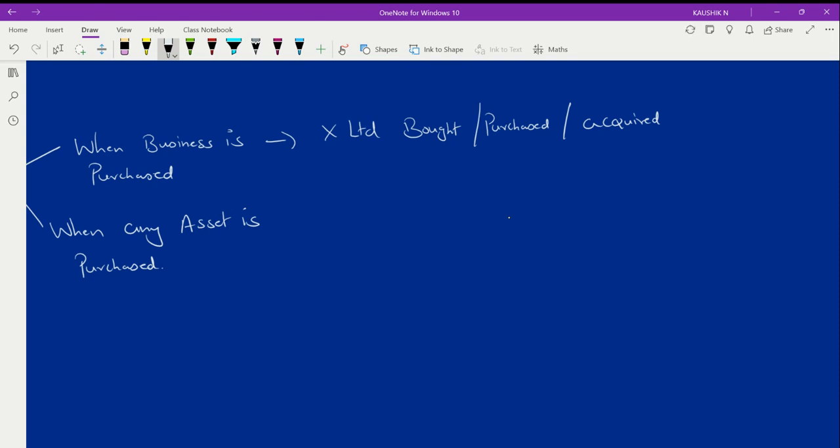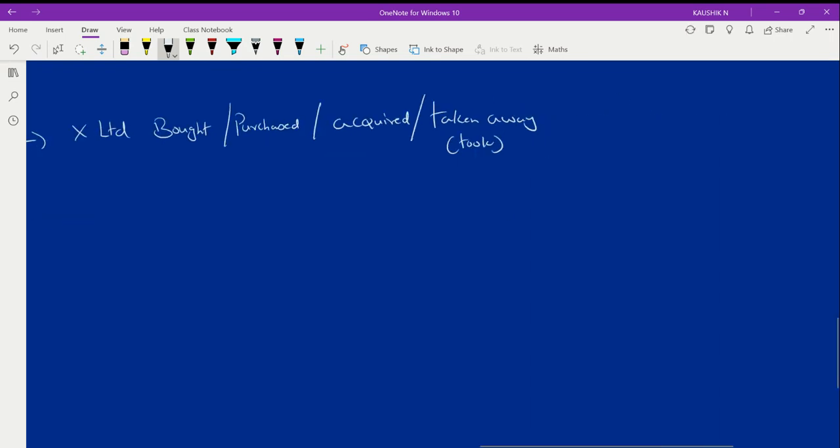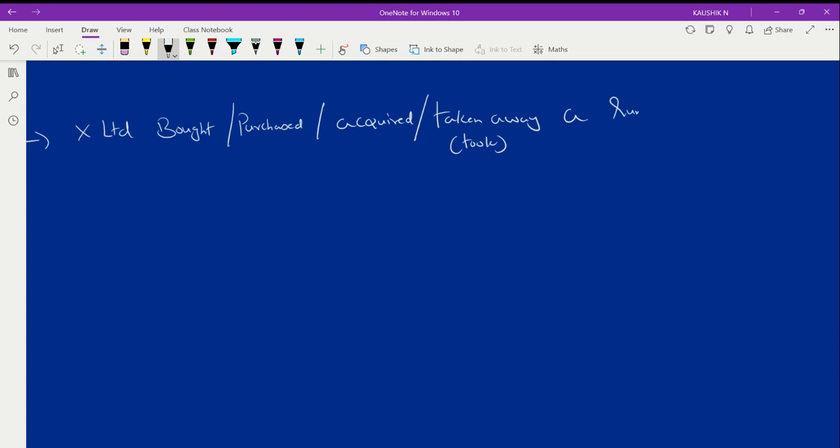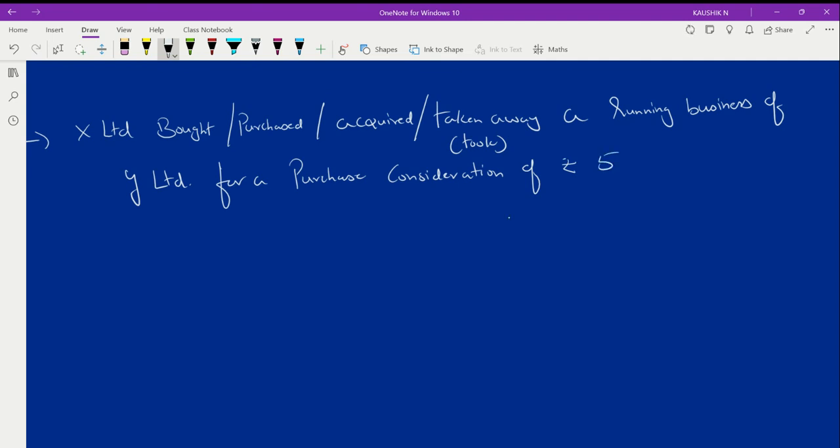So X Limited bought or purchased or acquired or took a running business of Y Limited for a purchase consideration of some value, say rupees 5 lakhs.